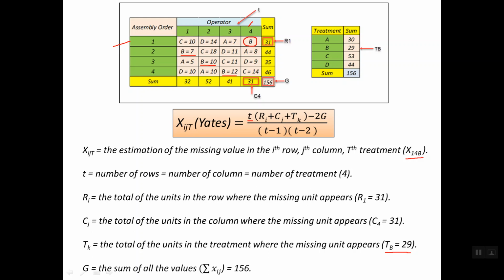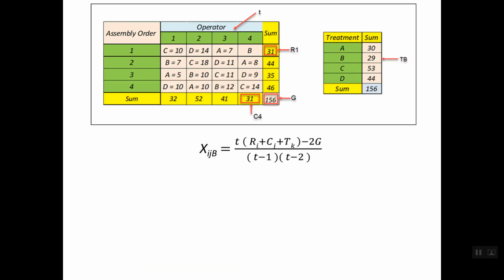And regarding the capital G, it is simply the sum of all the values or all the observations, the summation of x sub ij, and it is equal to 156. So now we can simply substitute all of these values in the Yates formula. This is small t.